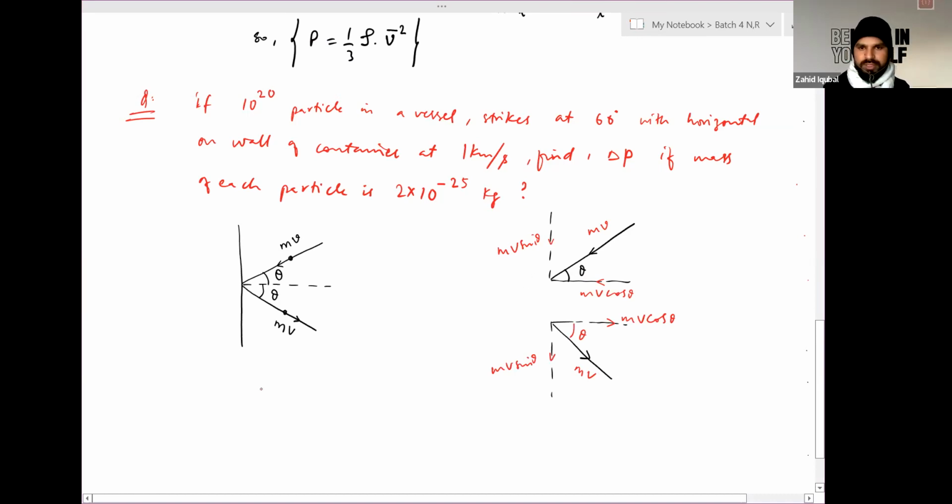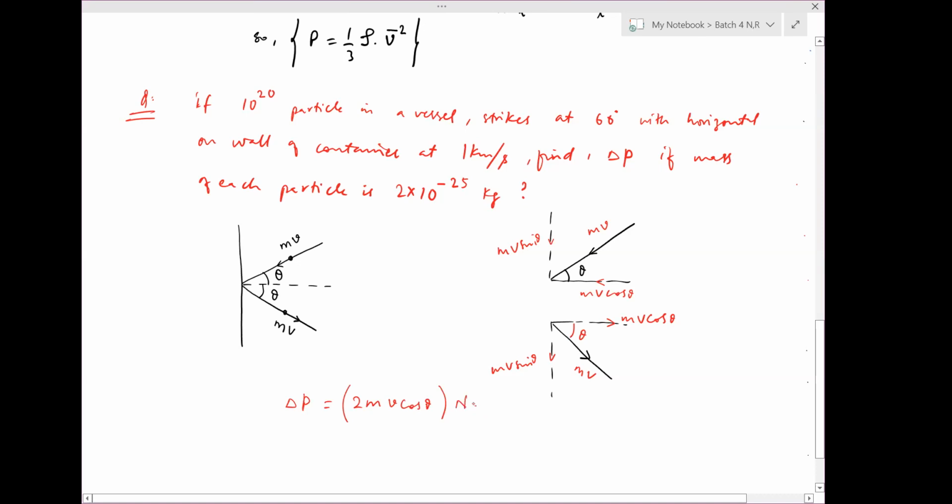So only there will be change in momentum along the x-axis that will be responsible for applying pressure on the wall of the container. So net change in linear momentum in this case will be 2 times mv cos theta. And we have how many particles? 10 to the power 20. So just multiply it by N.